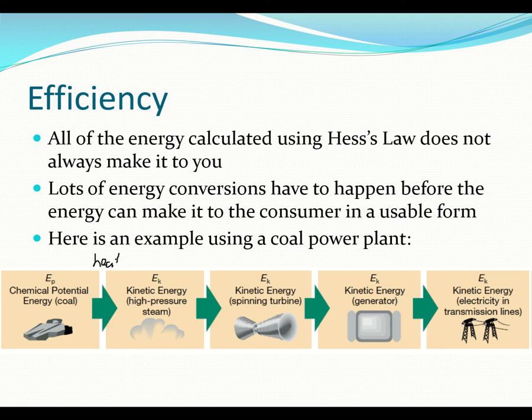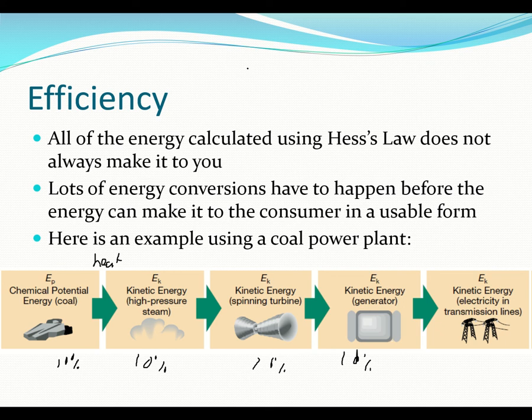We heat it up, and it heats up the steam. Steam turns into kinetic energy, turns that turbine, turns the generator, and turns into electrical energy like that. So say every step you lose 10%, 10%, 10%, 10%, right? There's all these energy conversions, so you always lose a little bit of energy.